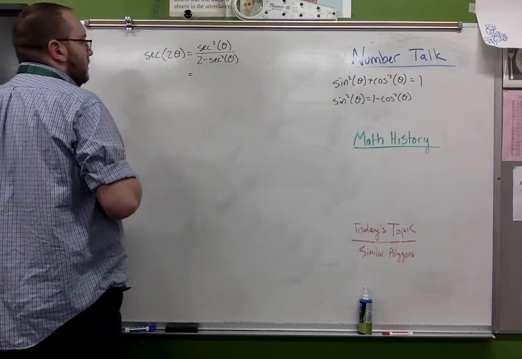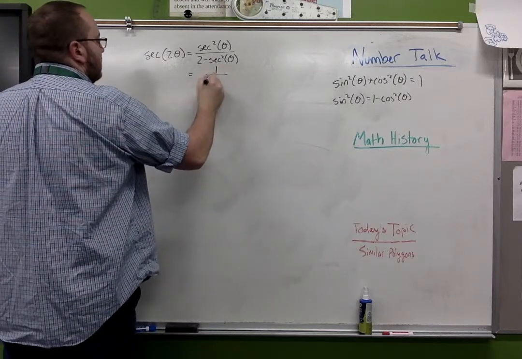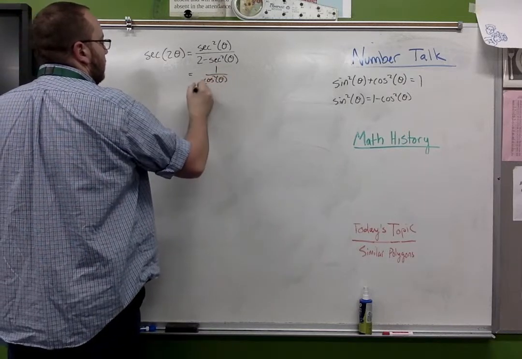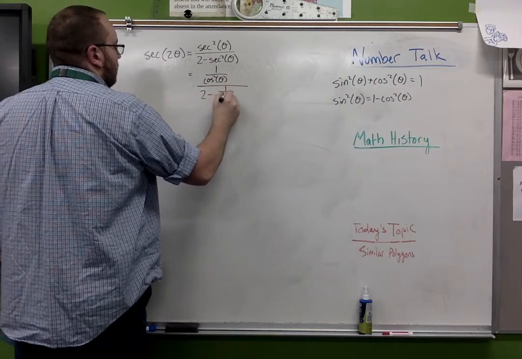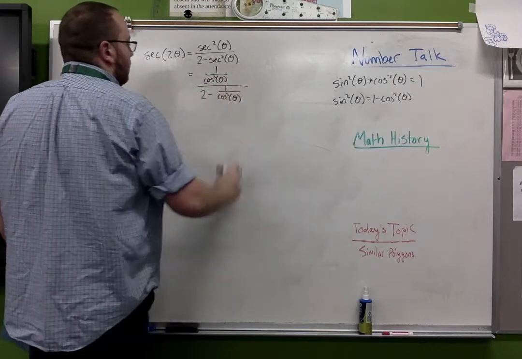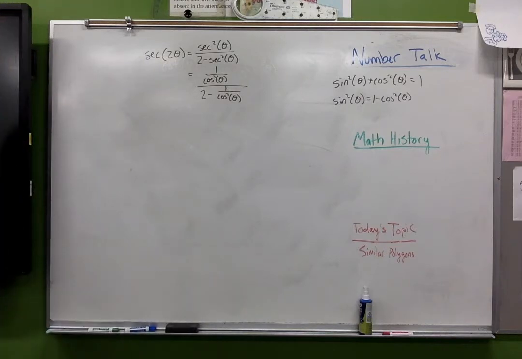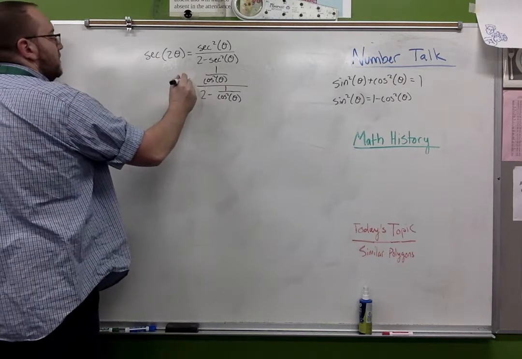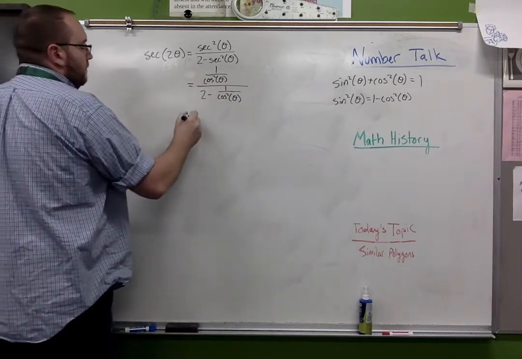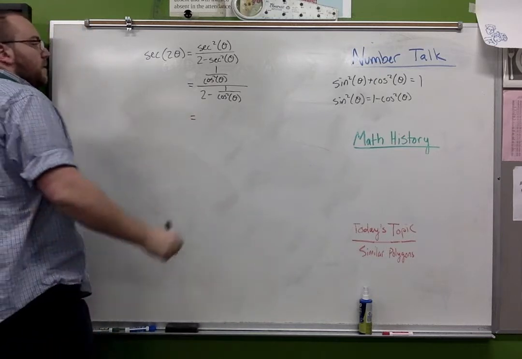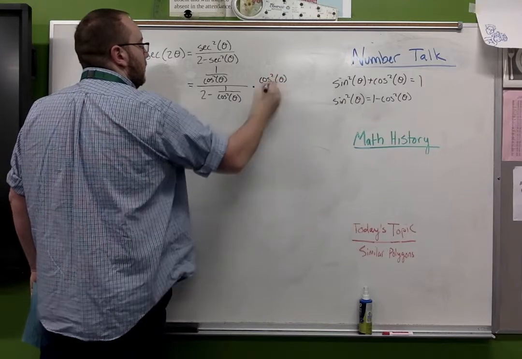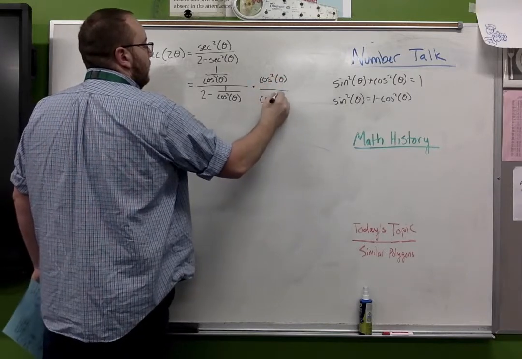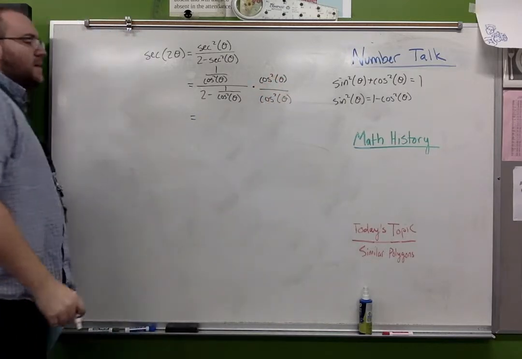Secant squared is 1 over cosine squared. Let's multiply numerator and denominator by cosine squared. I'm allowed to do that. I didn't cross the equal sign.